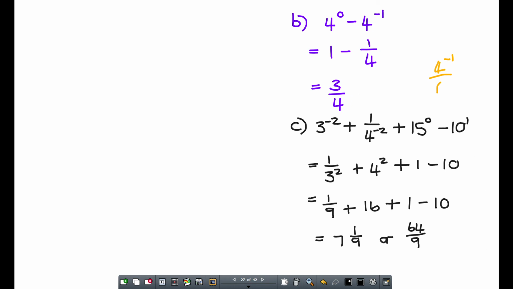Okay, so to make this exponent positive, I'm going to take that and move it to the bottom. That's why I get 1 over 4 to the power of positive 1. But you don't have to write the positive 1. You can just say 1 over 4. Does it make sense?